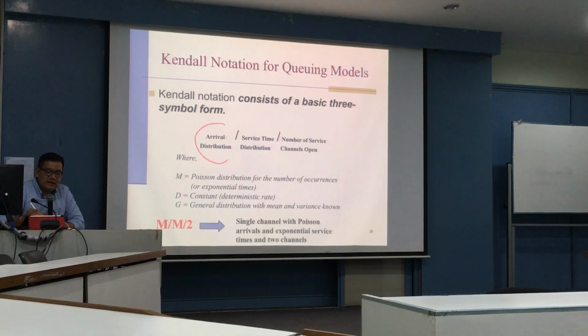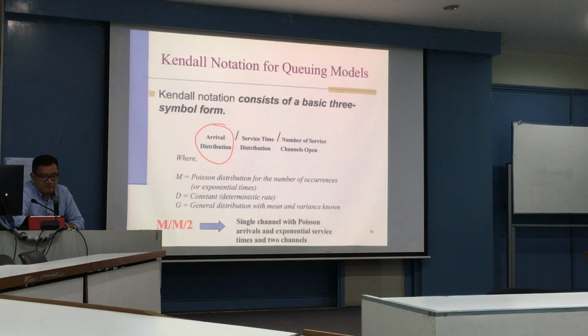So the first position of the notation tells you about the arrival distribution. If you have the arrival distribution as M, it refers to the Poisson distribution.